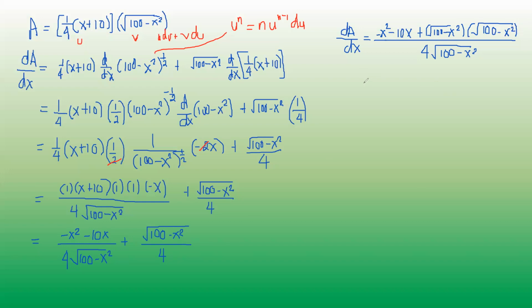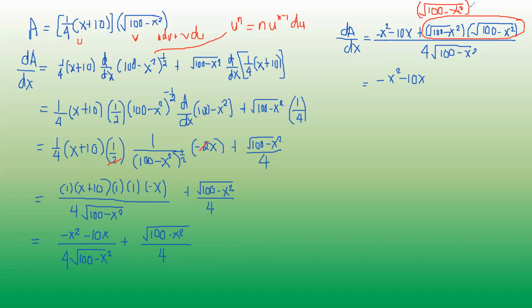Okay. In simplifying, we have negative x squared minus 10x. Itong part na to, when simplified, ito. So, para ka dyang mayroong square root of 100 minus x squared quantity squared.